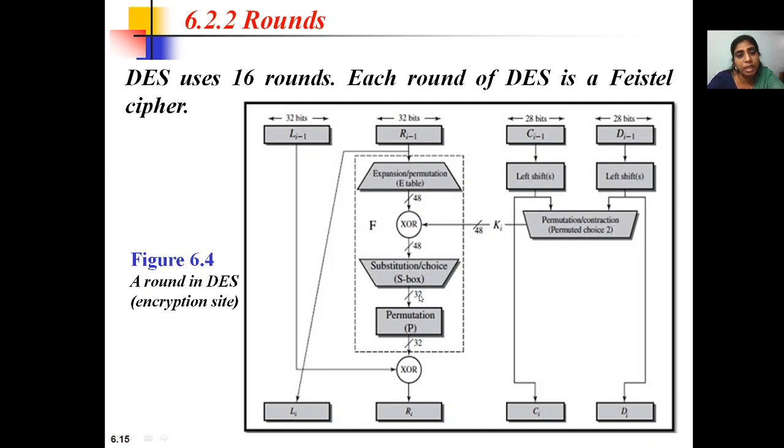That 32 bit output is put into the permutation or P box, a transposition of values, where we replace by the related transposition numbers, and we get an output of 32 bits. From the output of the permutation, we XOR directly with the left 32 bits, and take that as the right bits for the next round.